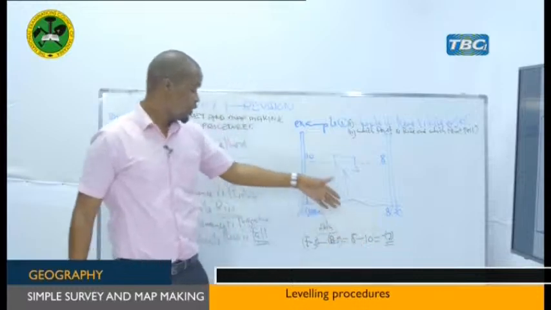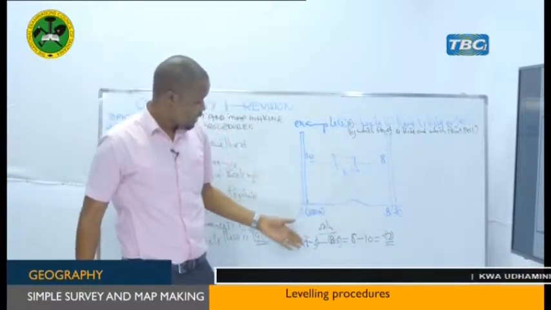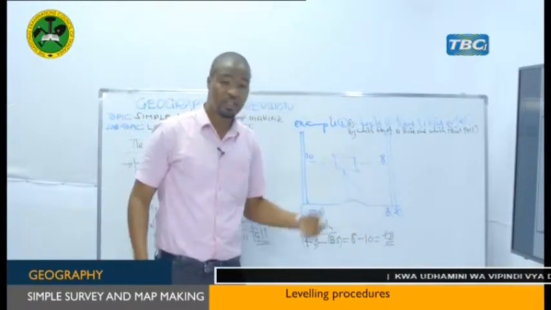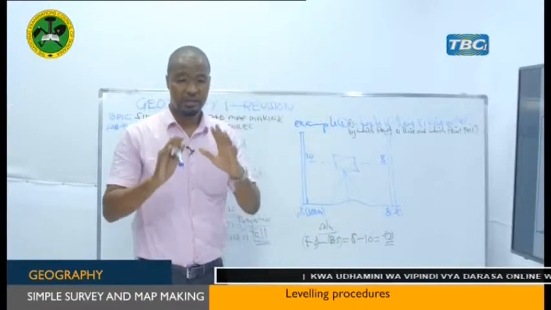Why? Because we have taken the difference between foresight and backsight, and it gives us -2. We are looking at the sign there.